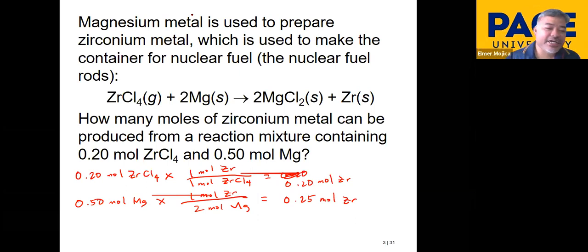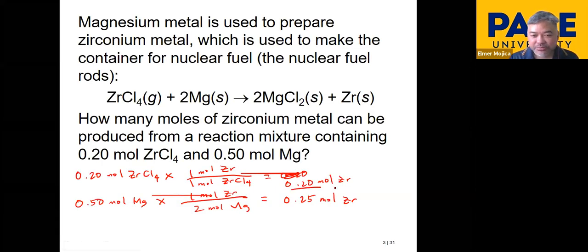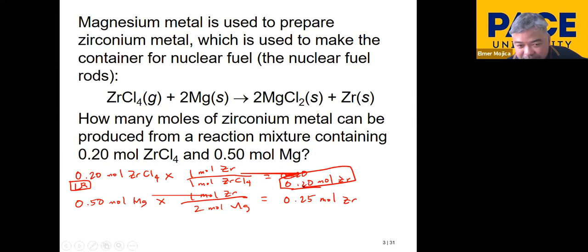The limiting reactant here is the one that produces the lesser amount. In this case, you produce only 0.2 moles of zirconium when you use zirconium chloride. So this is your limiting reactant, and the answer to your question is this one.